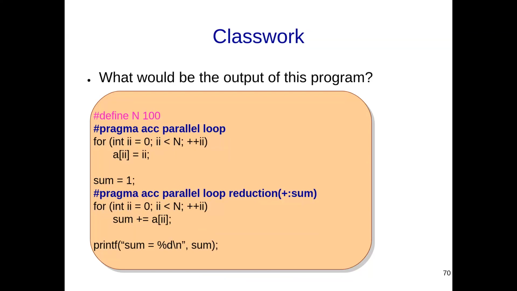Anyone else? Okay, so 4951. Ashwati says n into n minus 1 by 2 plus 1, as sum is initialized with 1.